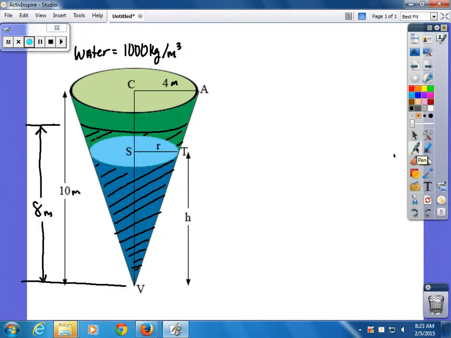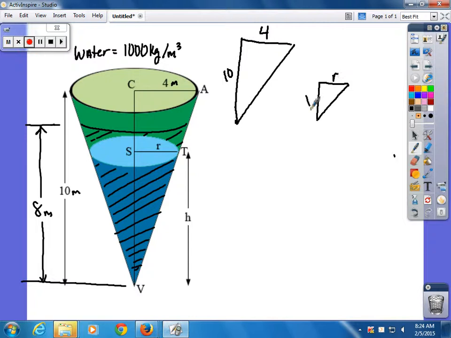And before class ended yesterday, I told you to set up the similar triangles. And I think we got it to, it's not drawing with this. All right, what's the dimensions on the big triangle? 4 and what? 10. And this one is R and what?